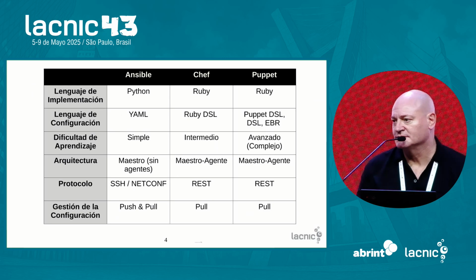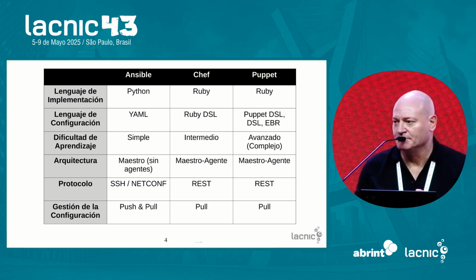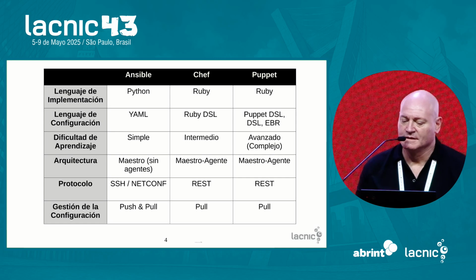So the differences, for instance, in these three tools, one is in Python, the other in Ruby. The configuration languages are different. YAML for Ansible, and then Chef with Ruby DSL, and the Puppet with its own.